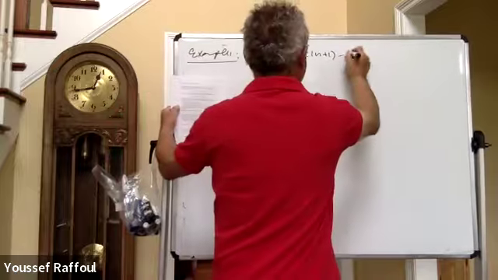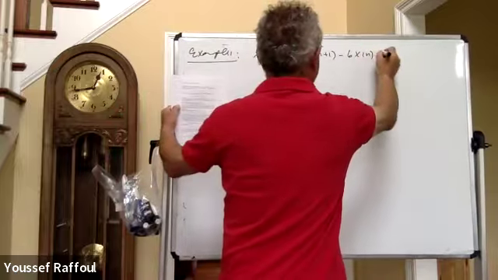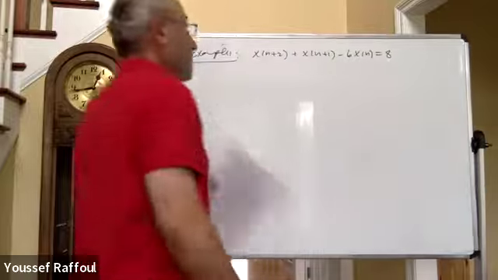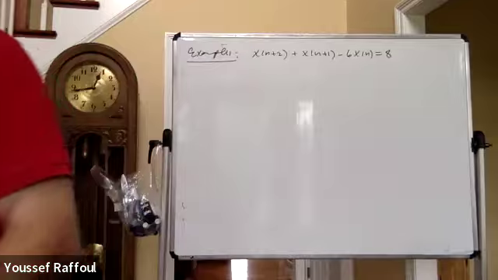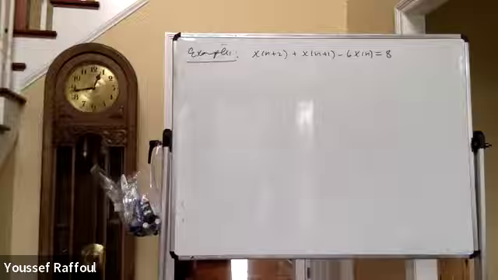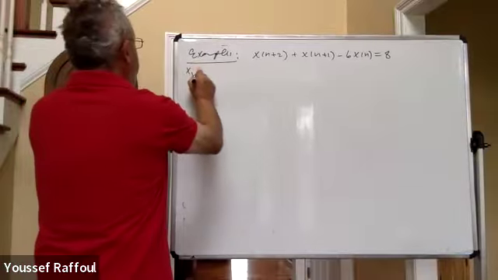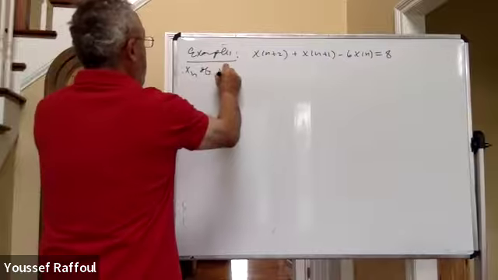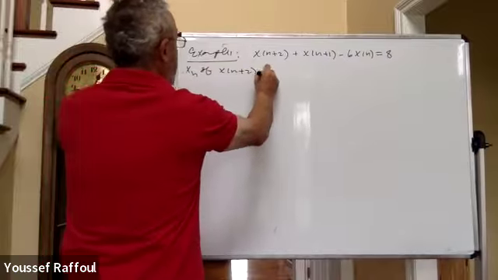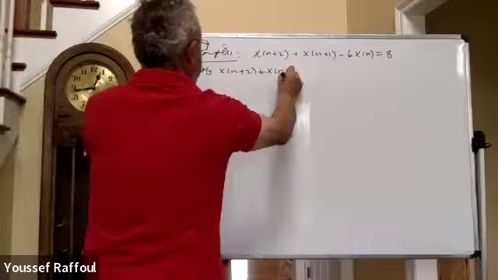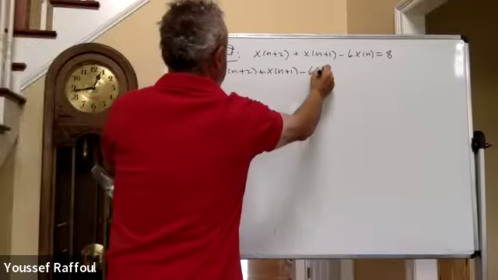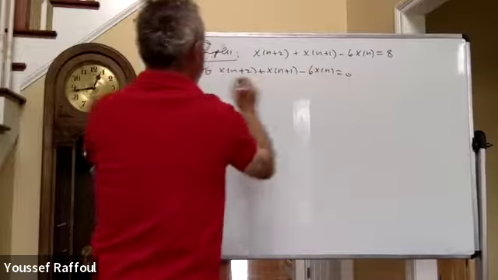So let's take a look at finding x_h of x_{n+2} plus x_{n+1} minus 6x_n equals 0.